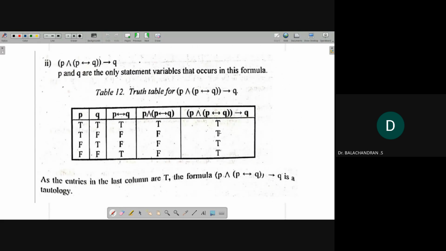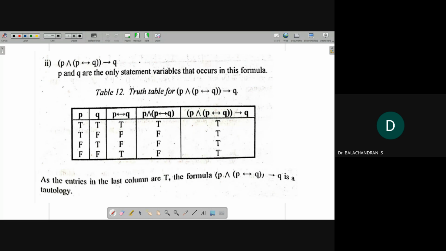Okay, so the next problem is P and (P biconditional Q) implies Q. From this problem, first you should write what you need. P I need, Q I need, then P biconditional Q I need, then P and (P biconditional Q) I need, and finally you should write the whole thing. So first you should write the first two columns.